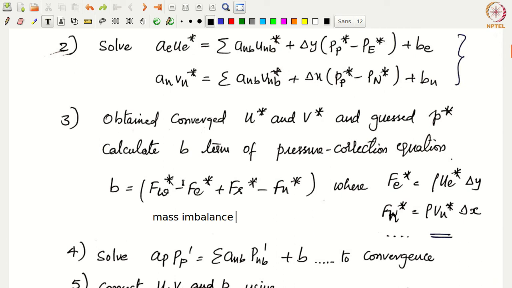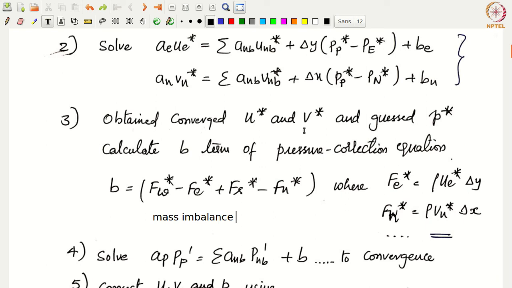All right, so the next step is to calculate the B term, which contains F, the mass flow rates on the west, east, south and north faces. These are calculated as Fe star equals rho Ue star delta Y. Similarly, Fw star would be rho Uw star delta Y, Fn star would be rho Vn star delta X, and Fs star would be rho Vs star delta X. Now, these Ue star, Vn star are the ones which you have got as converged.